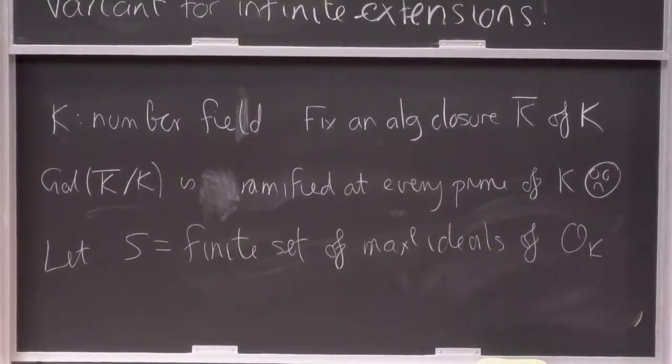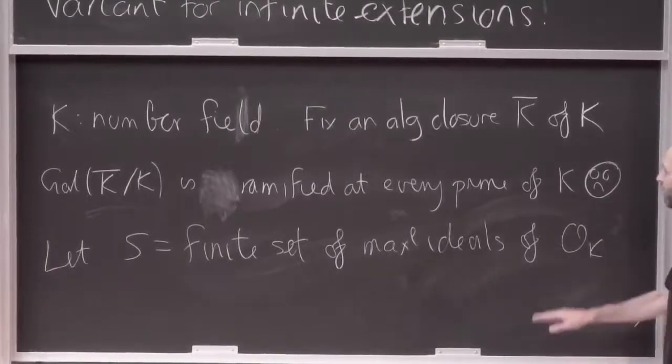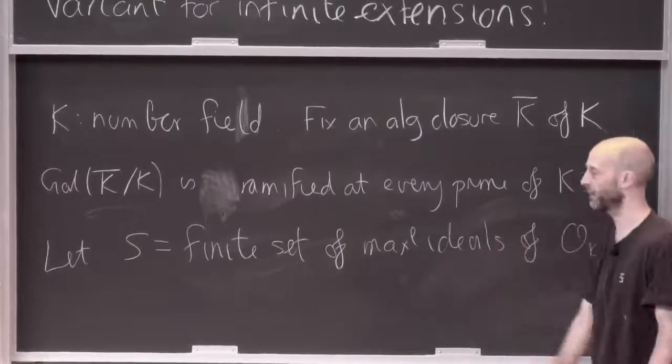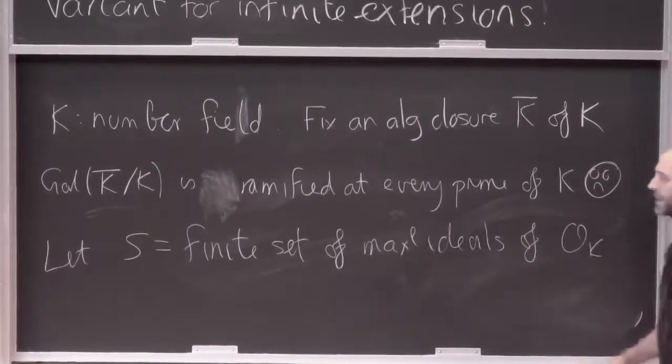People often talk about primes of O_K or prime ideals of O_K, but I can't get away from the fact that the zero ideal happens to be a prime ideal by definition, and you don't really want to talk about zero. So I always have to write non-zero prime. I've just got sick of it now and written maximal. That's the same as saying prime but not 0. So let S be a finite set of problematic primes where we're not going to attempt to define Frob p.